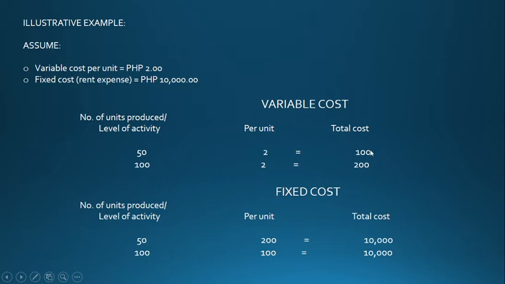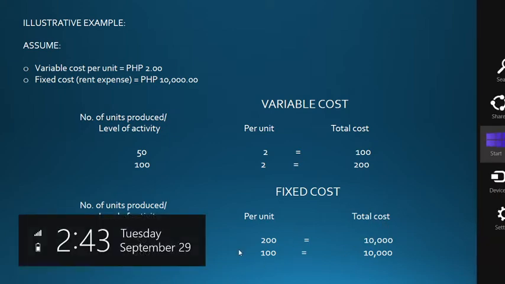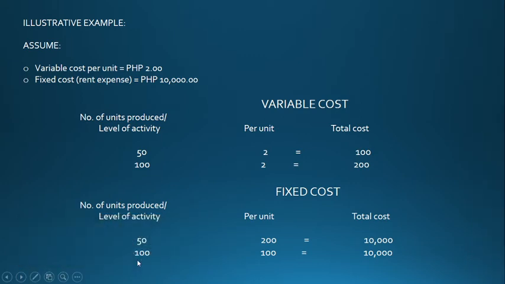Well, sa fixed cost, at an activity of 50, its fixed cost per unit is 200 with a total fixed cost of 10,000. And sa 100 units naman, the per unit fixed cost is at 100 and still the total fixed cost remains at 10,000.